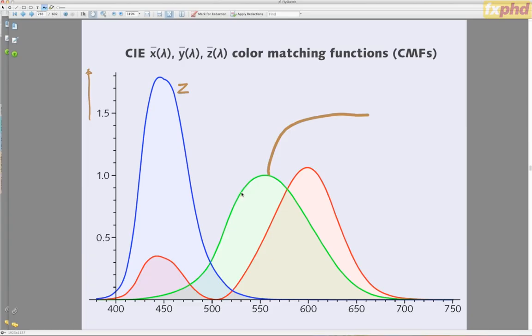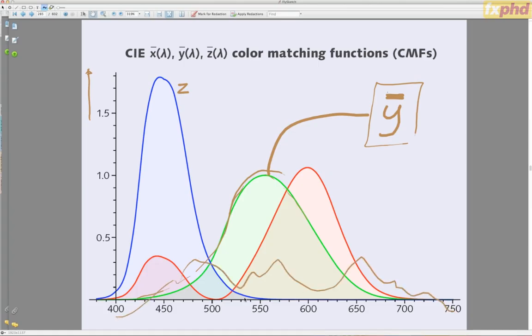I shouldn't make that green. I really should plot this in gray. This middle curve is the spectral sensitivity of luminance. And the curve we symbolize by a bar on the top of the letter. When you take energy in a real scene, and that energy might look like this, and you weight it under that curve, you get luminance.